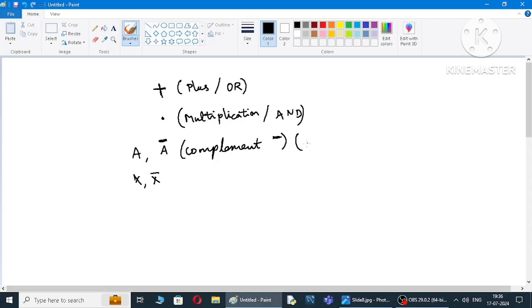So this is also called the NOT operator. So what are the three Boolean operators? AND, OR, NOT, which are represented by dot, plus, bar, that is the complement operator. So these three are the basic Boolean operators.